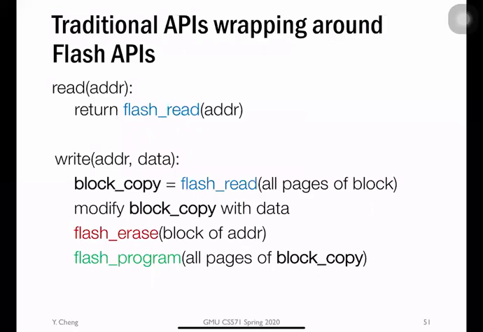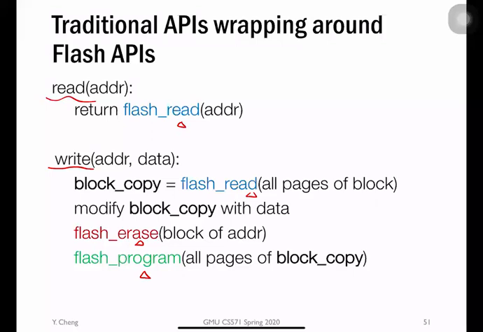The straightforward solution is to write a wrapper which wraps around the Flash APIs to expose the basic hard disk drive based file system APIs, which are read and write sectors. But within the definition of read and write operations, it embeds and wraps around the Flash APIs, the Flash read, and those two write APIs, namely program and erase, okay? Flash read, erase and program. So let's go through the steps one by one.